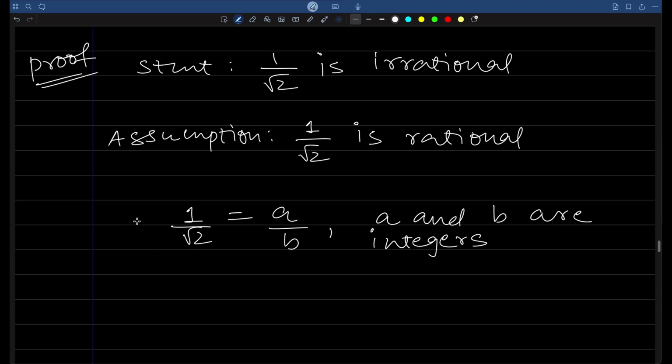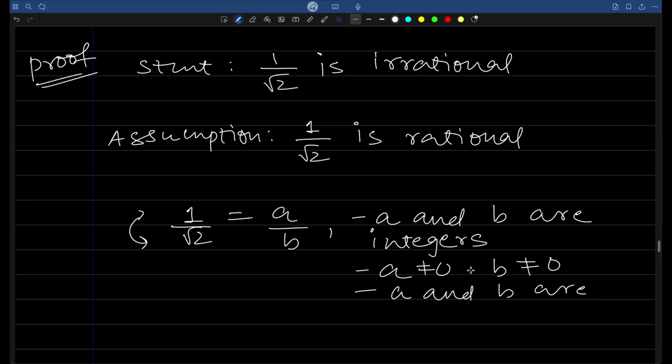Because we have to do the reciprocal, that is under root 2 equals to b by a, we will assume a not equals to 0 and b not equals to 0. And one more thing, we will assume that a and b are co-prime numbers.